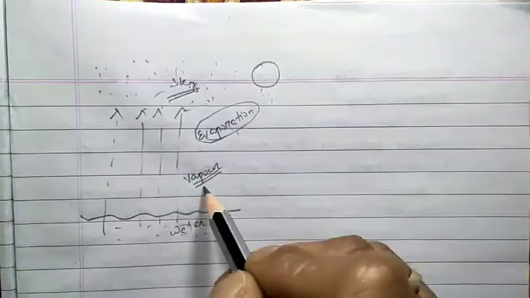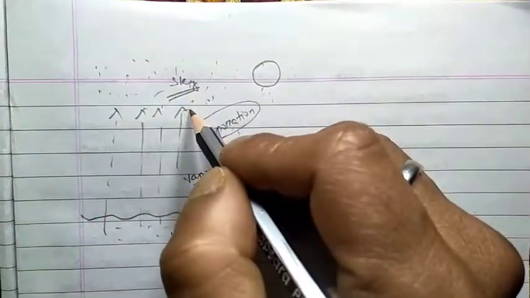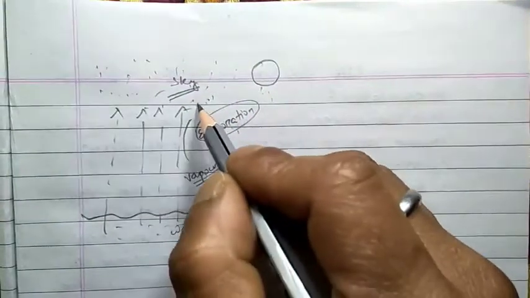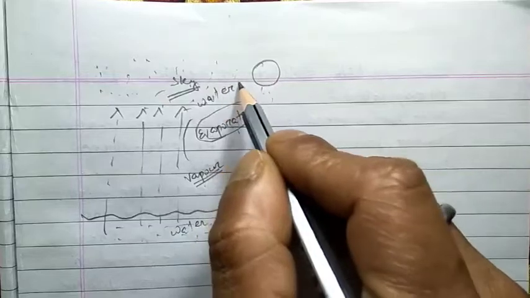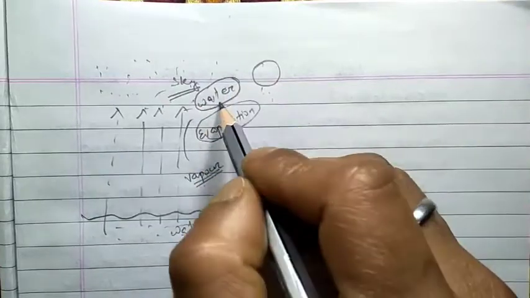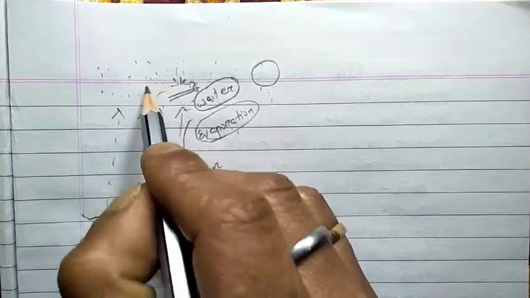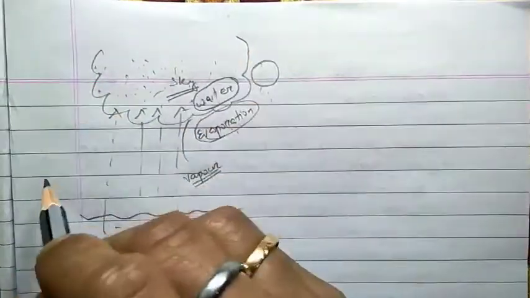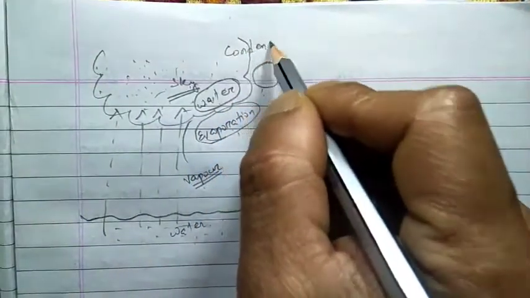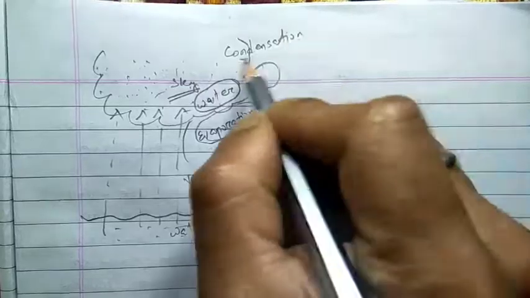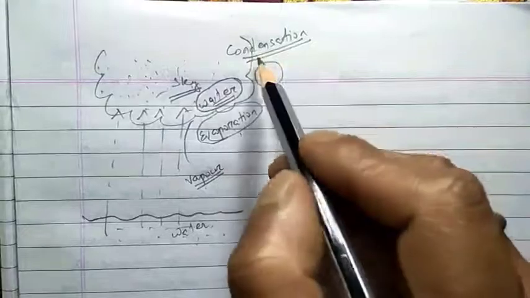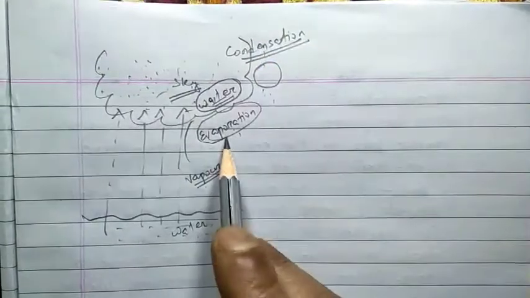When this water vapor reaches the upper layer of the atmosphere, because of decrease in temperature, the vapor forms into droplets of water, and these drops of water will cling with the dust particles. So clouds will be formed. So you can see here in the process of condensation, the vapor generally changes into water. So I hope it is clear about the process of condensation and evaporation.